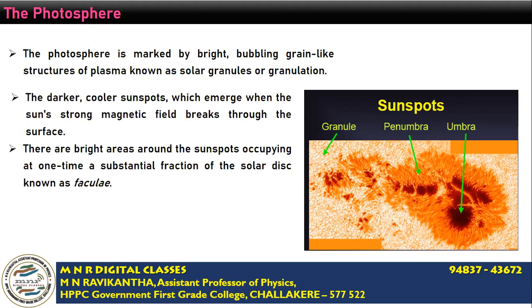In addition to this, there are a few bright areas surrounded by the sunspots, and these bright areas occupying at one time a substantial fraction of the solar disk are known as faculae. We see some regions of bright spots which are called faculae.